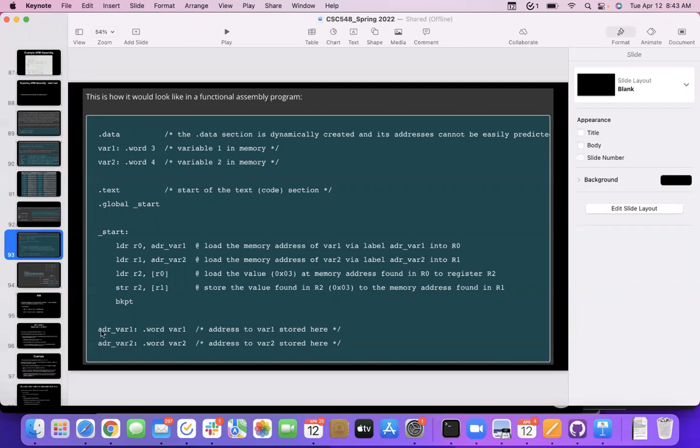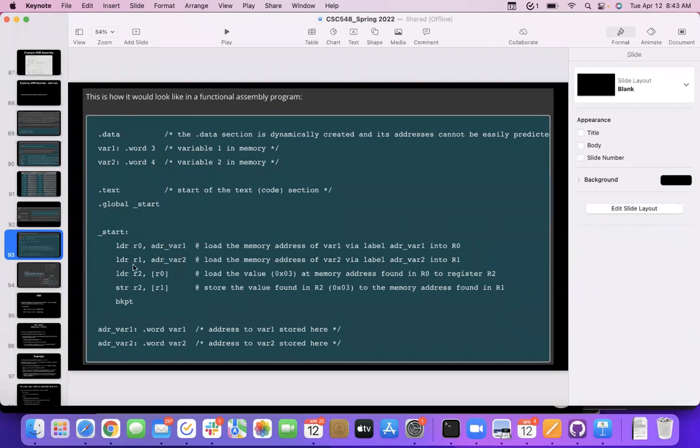All right. So the fact that it's a hexadecimal number can look intimidating, but it actually is just a number. So here at address var1, address var2, we're just storing 2 numbers. Which house in memory do these 2 values live in? All right. So we're going to load into R0 the value. Actually, we're not loading the value. We're loading into R0 the address of var1. I talked about this in the previous slide, but we'll see it again here.